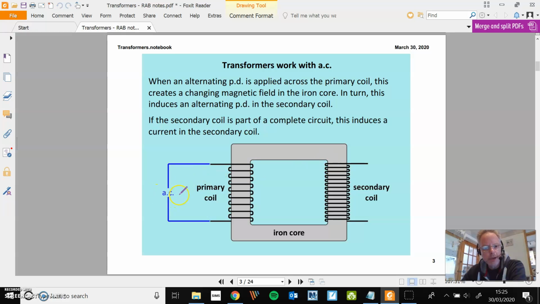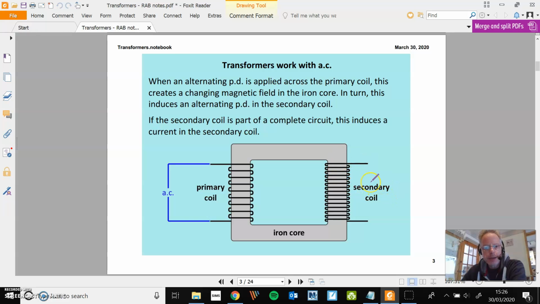What we've got here is an alternating current, which means that it's changing size and direction all the time, which means that the size and the direction of the magnetic field in the iron core is also going to be changing all of the time. And that changing magnetic field in the iron core induces a potential difference in the secondary coil. And again, if we've got a complete circuit, that will make a current flow in that circuit, and it'll be an alternating current.